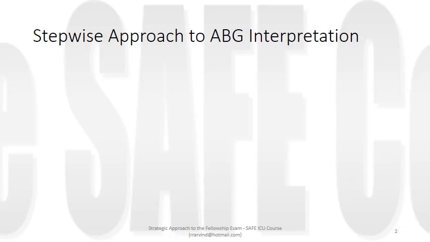My stepwise approach to blood gas interpretation is reasonably simple. This is something that I generally teach, and it works for me. If you have something else that works for you, that's fine. I first look at the pH to determine whether it's normal, acidotic or alkalotic.